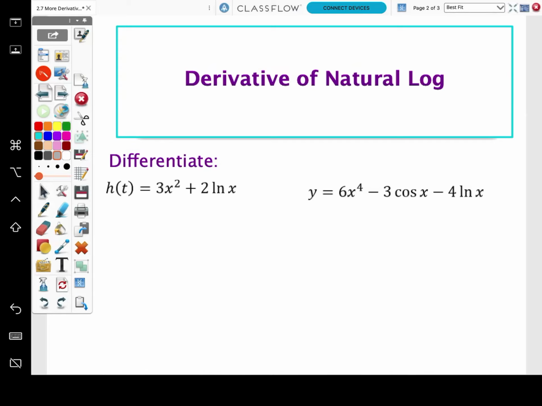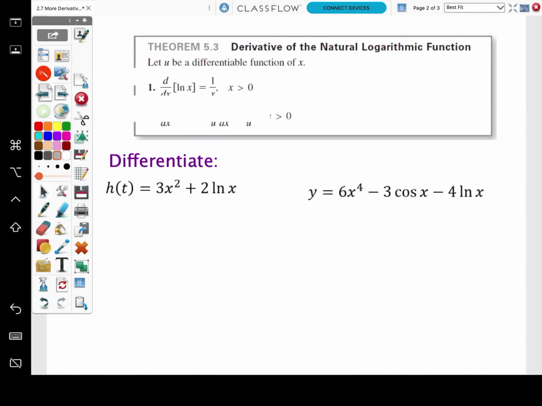Okay. How about a new derivative rule, like the derivative of the natural log function, so that ln, the natural log of x. Let's see what that's all about. The derivative of natural log of x is 1 over x.